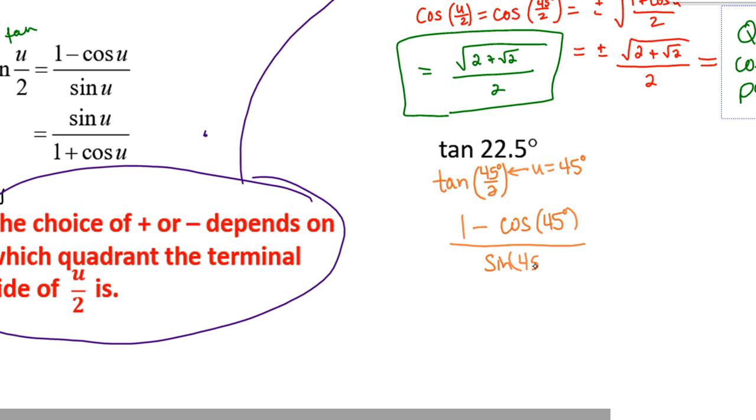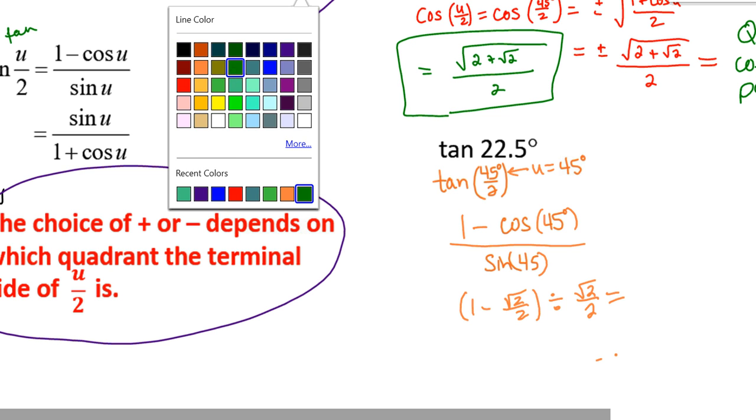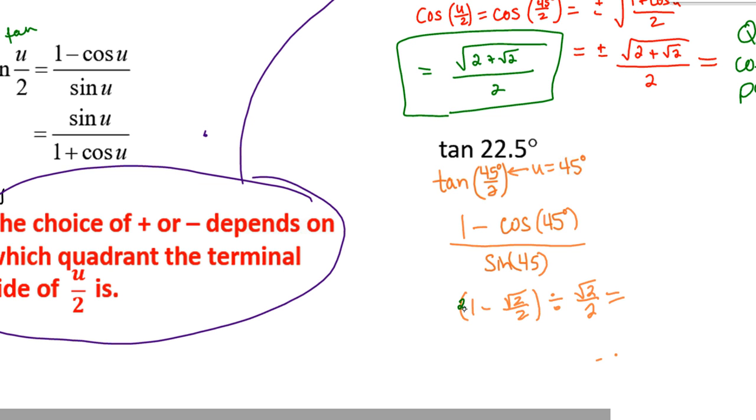Okay, cosine of 45 is square root of 2 over 2. Sine of 45 is also square root of 2 over 2, so it's going to look like this. You've got a common denominator, so this is going to become 2 over 2 instead of 1.